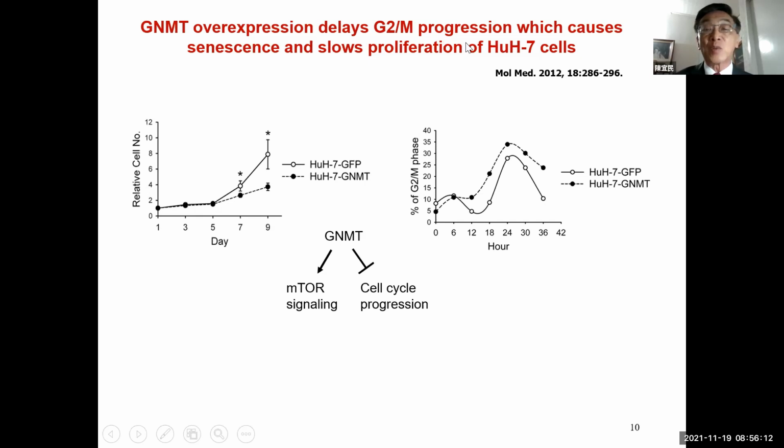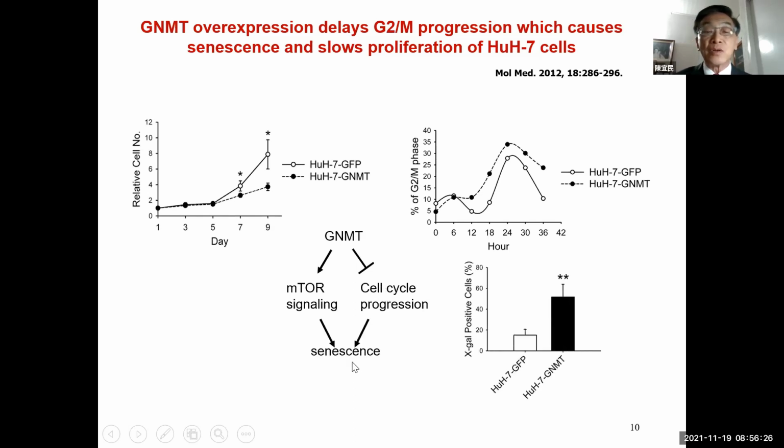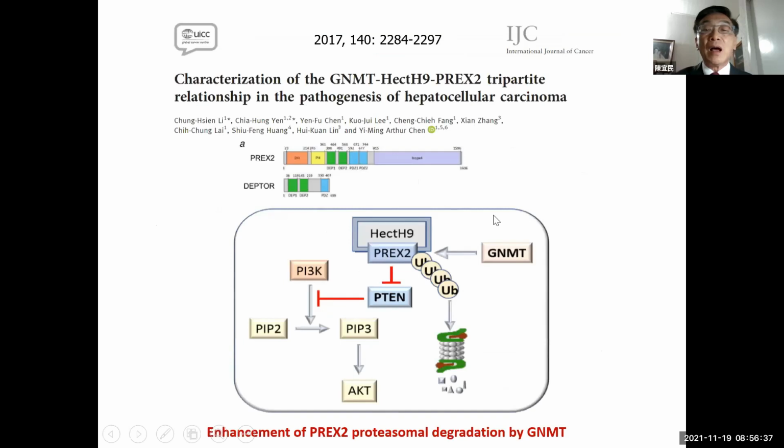Because of this, and due to other factors, it will cause senescence of the cells. But if we treat the cells together with rapamycin, then it will cause cell death.